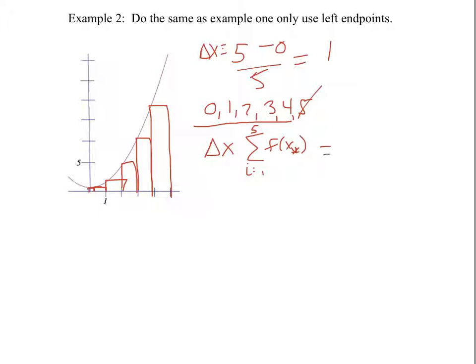So if you guys want to do the same thing we did before and just do it on the table, but this time we're going to use f of 0, 1, 2, 3, 4, instead of using the 1 through 5. And when you do that, you get 35 for your area. Now you can do the same thing with the left endpoints using 10 rectangles where we found our change in x is a half.